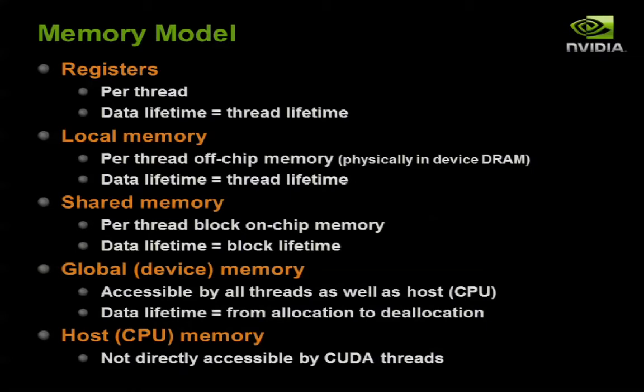And then finally, we have host memory, and this is a slightly outdated slide. There are mechanisms of making host memory accessible to the GPU, and also the other way around, to write directly into GPU memory. But those are features that add a little bit of convenience to the programming model.